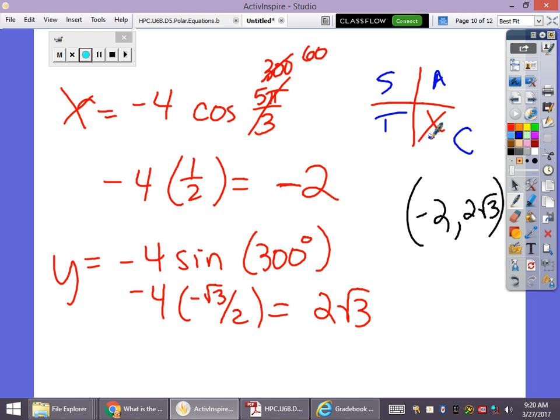When I multiply these two together, a negative times a negative is a positive, making my final answer negative 2 comma 2 square root of 3. So rectangular is normal everyday numbers that you can plot on an XY grid. Did I accomplish that? Yes, okay. Ready to move on to number 2? Okay.